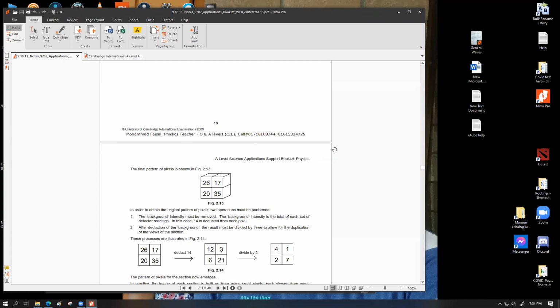Equally applicable for other things, describe, explain, or discuss the underlying principle of CT scanning or X-ray or ultrasound scanning, and the marks can range from 4 all the way up to 8. So depending upon how many marks you have, you have to choose your points properly.